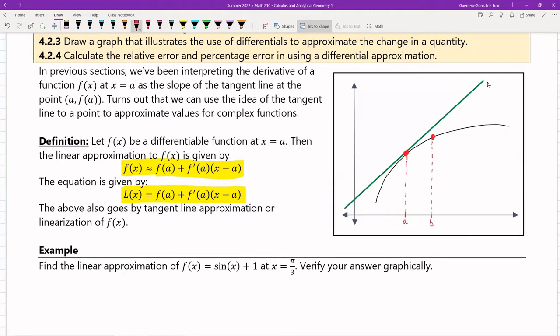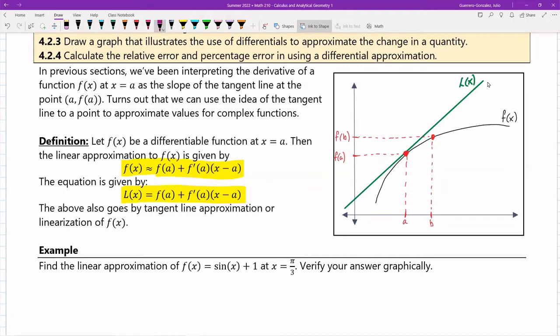Then we know that the height of this line at a is f of a, and the height at this point is f of b. So if this is our f of x, then this line, this L of x that I just found, can be a pretty good approximation.